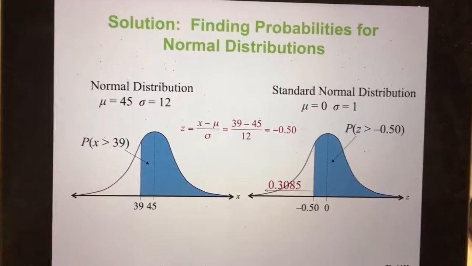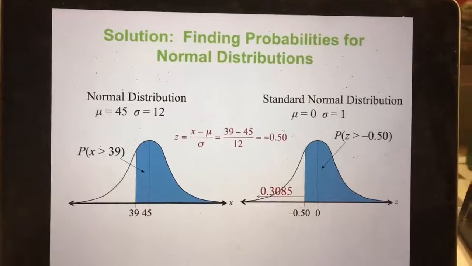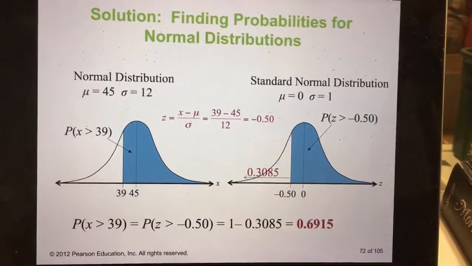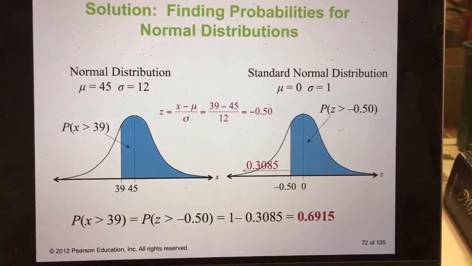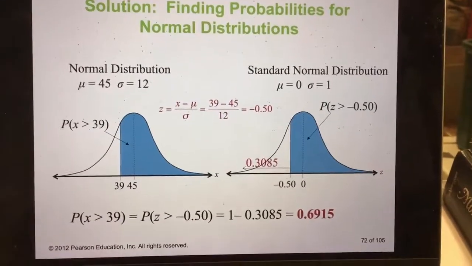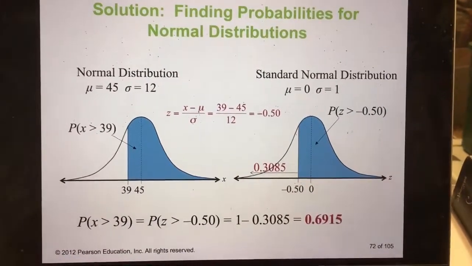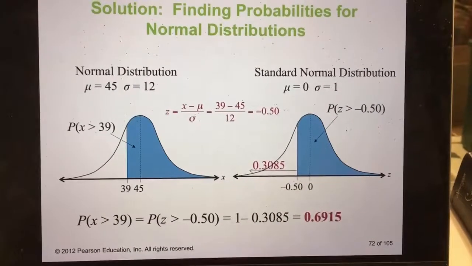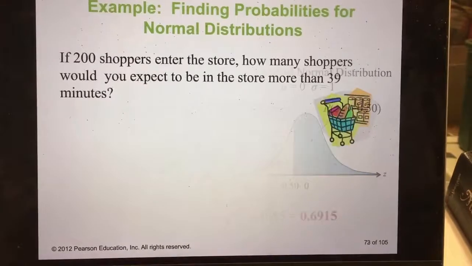We find in the table that the probability less than is 0.3085. Now we're going to subtract that from 1, and we get 0.6915 as the probability that the shopper will stay in longer than 39 minutes.